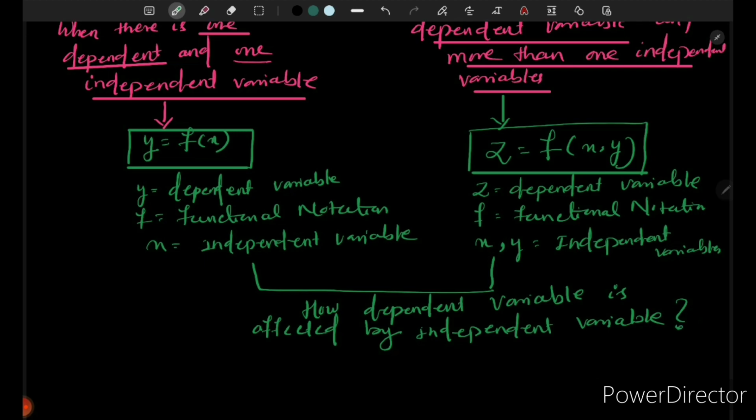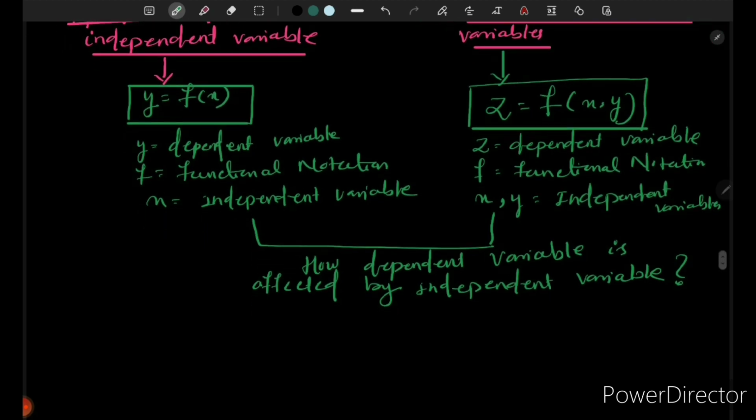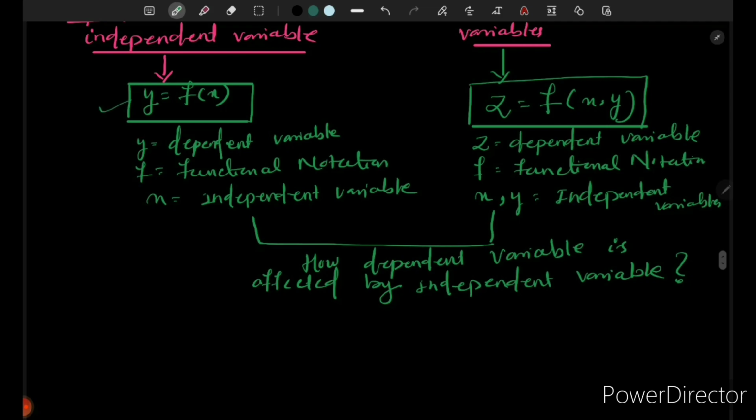Okay, how dependent variable is affected by independent variable, that means how y is affected by x here and how z is affected by x and y here.